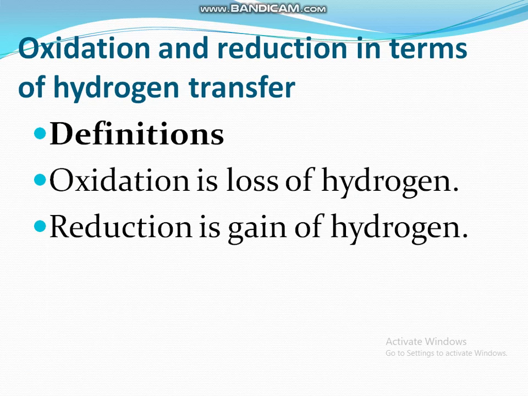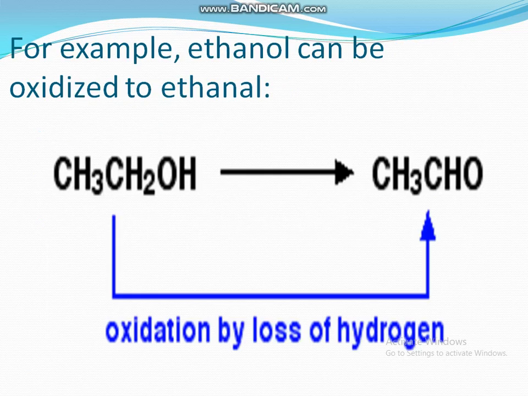Now oxidation and reduction in terms of hydrogen transfer. We can also define oxidation and reduction in terms of hydrogen transfer. According to these definitions, oxidation is the loss of hydrogen and reduction is the gain of hydrogen. For example, ethanol can be oxidized to ethanal.